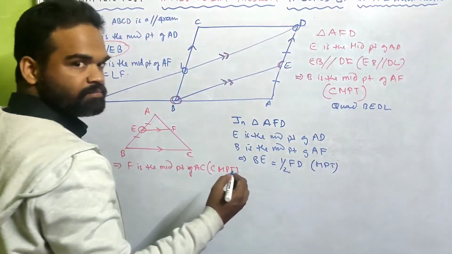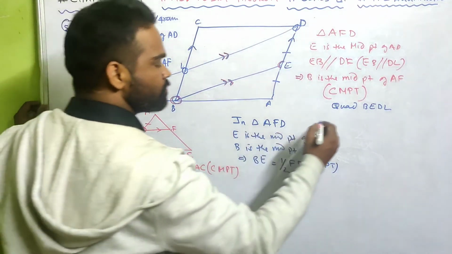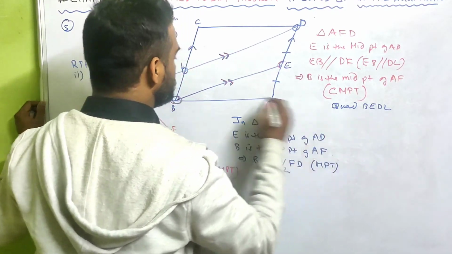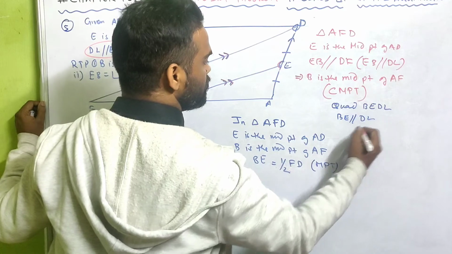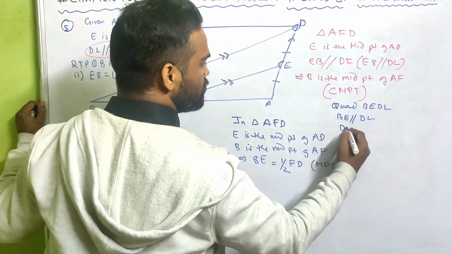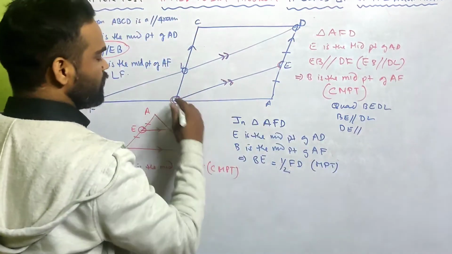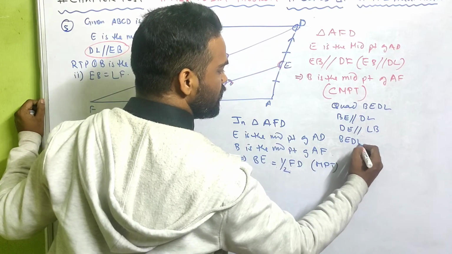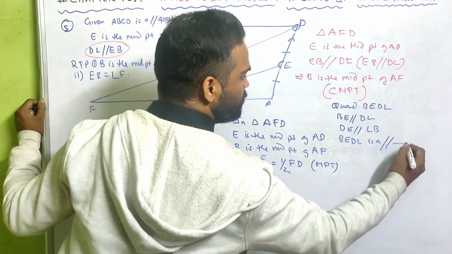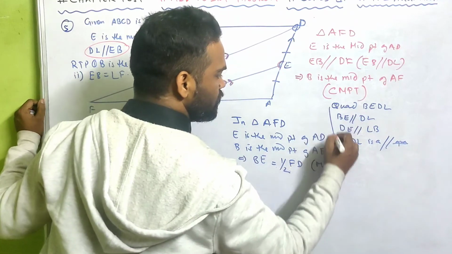So in quadrilateral BEDL, BE is parallel to DL and DE is parallel to LB, which means BEDL is a parallelogram, no doubt in that.